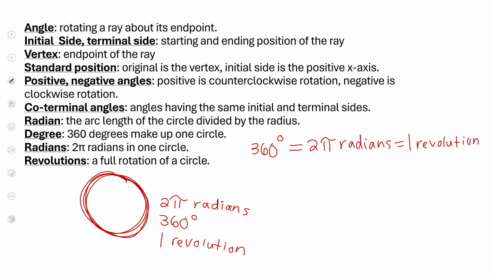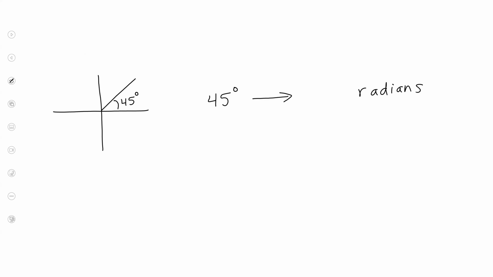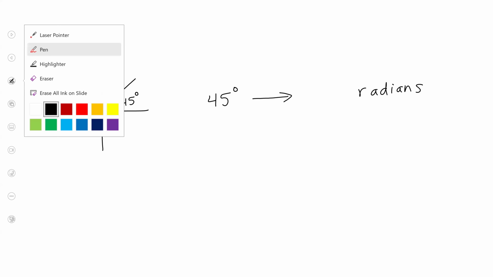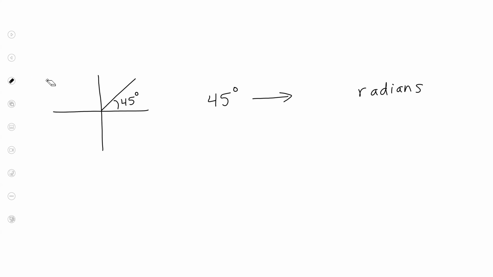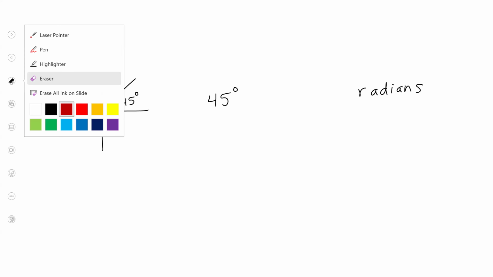So let me show you an example. Let's say I have an angle right here at 45 degrees. And I want to change that to radians. So if I want to go 45 degrees and change it to radians, what I'm going to do is multiply by 1.